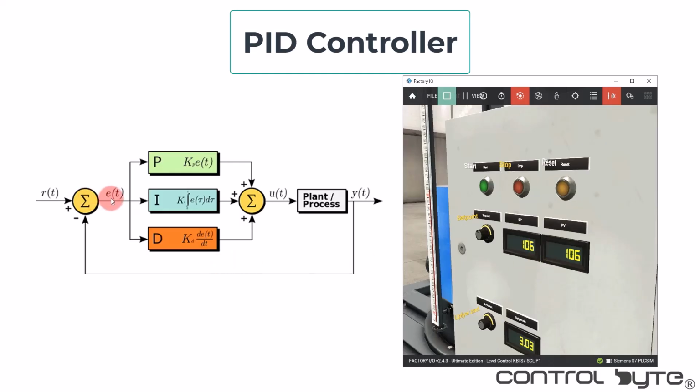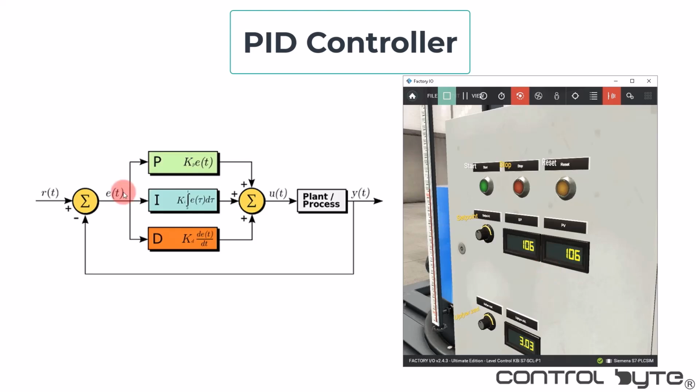The error signal E of t is a variable that we will implement in the controller as a difference between the set point and the measured value. So we subtract the value from the right display from the set point value.